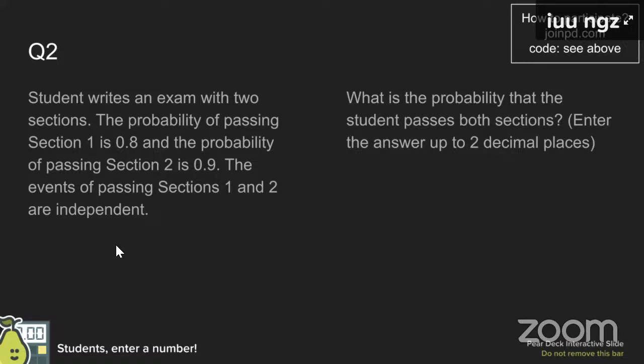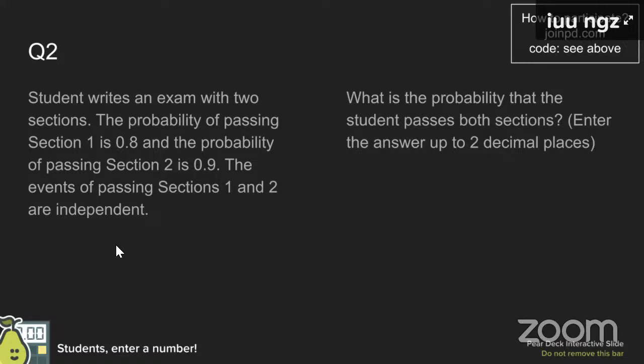So let's say you were writing an exam and the paper has 2 sections. The probability that any student passes the first section is 0.8, and the probability that any student passes section 2 is 0.9.